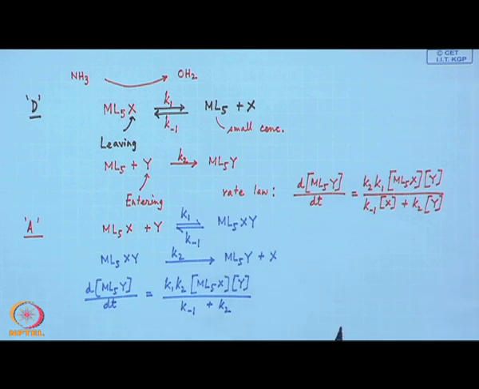This particular rate law can also be considered when we have very small values for this K minus 1 and K2.